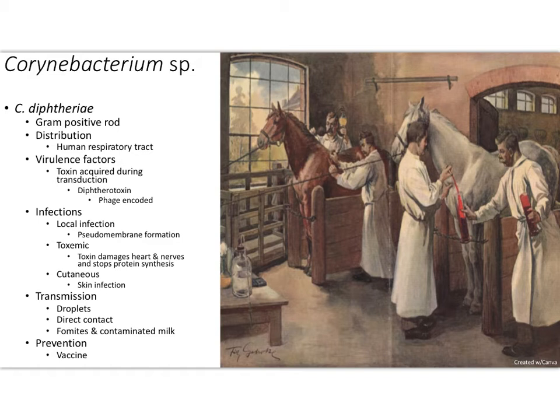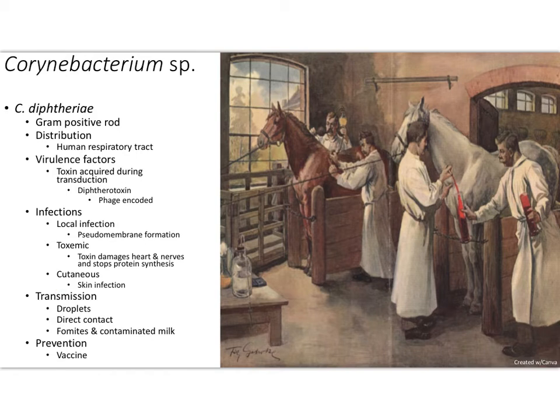The least worst case scenario with this type of infection is a cutaneous infection, where typically the skin around the mouth will become infected and you will get that pseudomembrane starting to form around the mouth. And certainly it can be uncomfortable and problematic, but most of the time this type of infection with this bacteria is not lethal, and you have a little bit more time to treat it before it becomes really problematic.